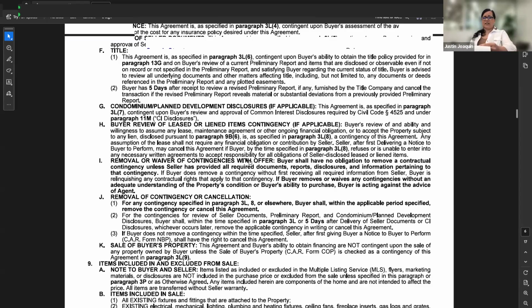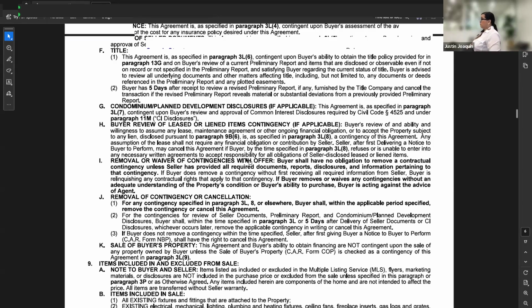And it actually says, right in the third line, it's really regarding the status of the title. That's what we're looking for. Okay. We're not, again, experts. We want to make sure the status of the title and any underlying documents and any matters affecting title, including but not limited to any documents or deeds referenced in the prelim and any plotted easements.